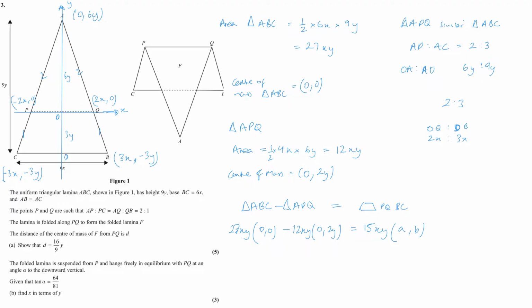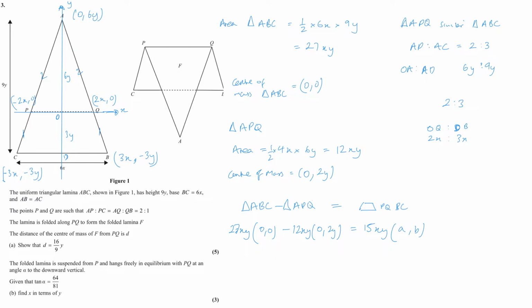If we know that this is 12xy, then this has to be 15xy because we've got 27xy as the total area there. And when I look at the centres of mass, the centre of mass of the whole shape has got to be the average of the centre of mass of the two separate shapes added together.